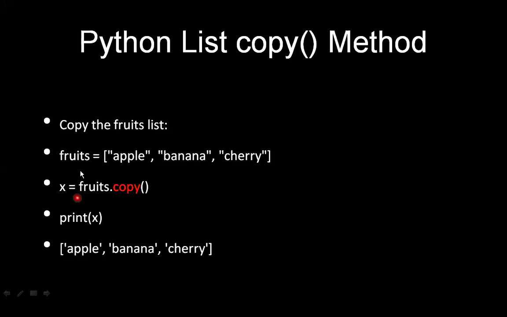Here I have specified fruits as the list name, and apple, banana, and cherry are the elements stored under it. Now how can I use the copy method? I want to copy the content of fruits to the variable x. So how can I do that?